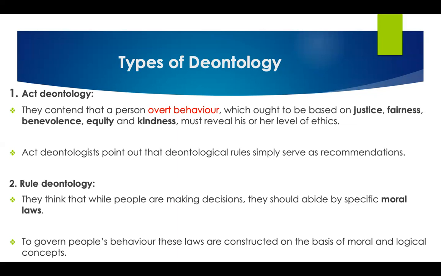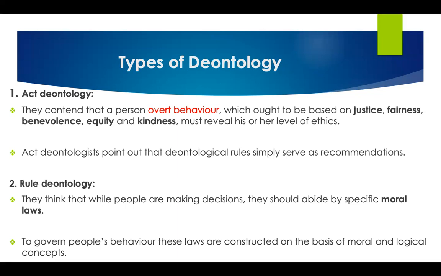Under deontology, we have two types: act deontology and rule deontology. Those who believe in act deontology contend that a person's overt behavior, which ought to be based on justice, fairness, benevolence, equity, and kindness, must reveal his or her level of ethics.